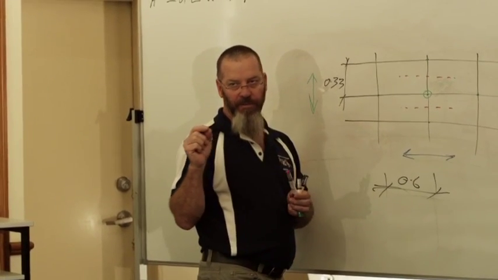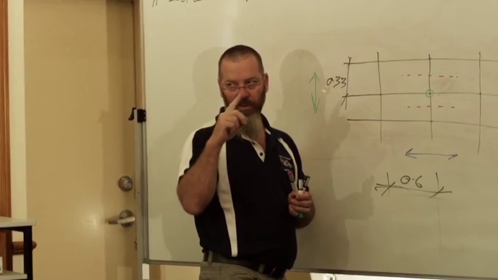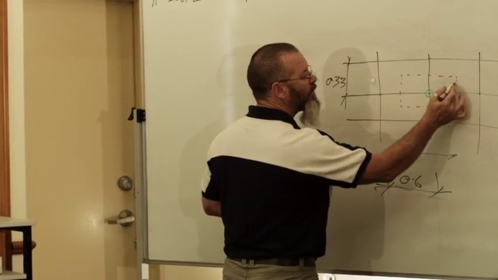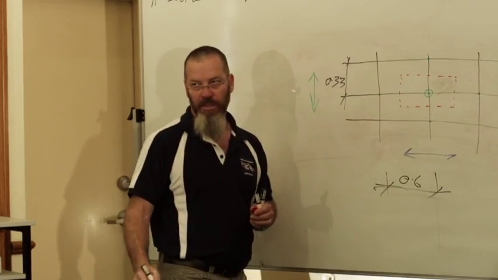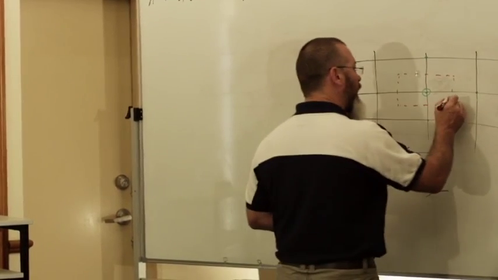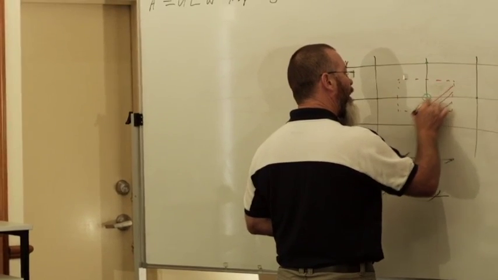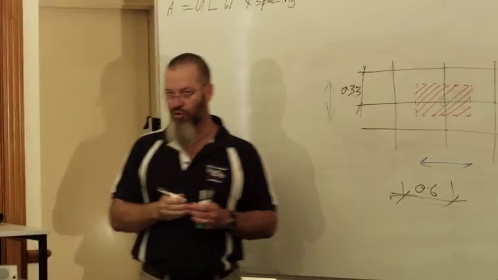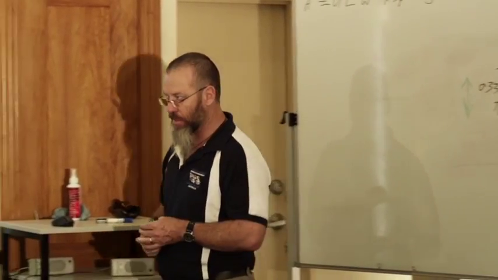You don't need to write that formula down yet because I've got a slide on that in a minute which will give you that formula. Half the distance between connections plus half the distance between connections. So that shaded area there is the tributary area of that batten connection.